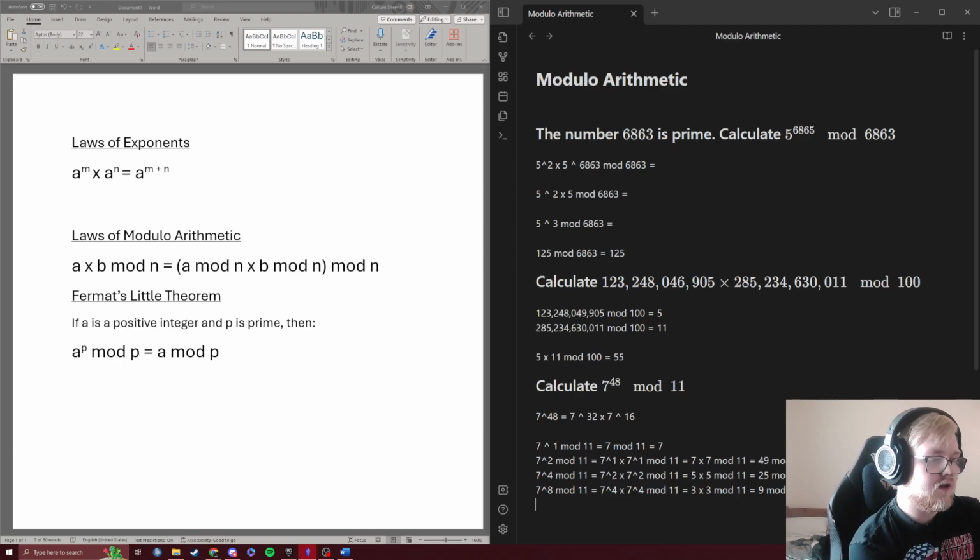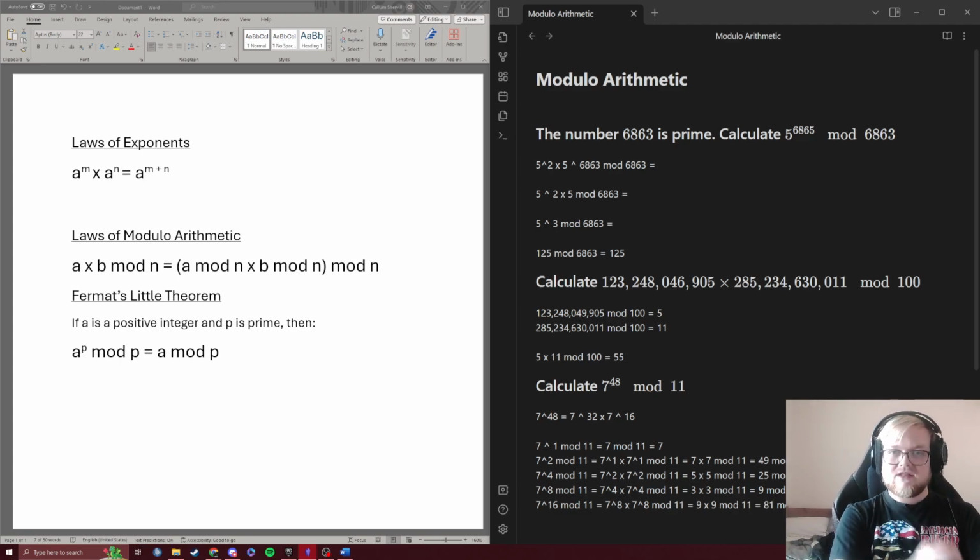And we can keep going. And we got 7 to the power of 16 mod 11, which is 7 to the power of 8 times 7 to the power of 8 mod 11, which is 9 times 9 mod 11, which equals 81. 81 mod 11. 77. And we take what's left over, and what's left over is 4.